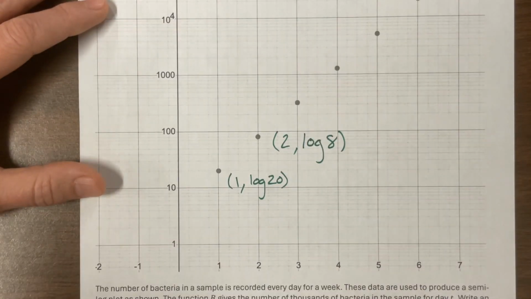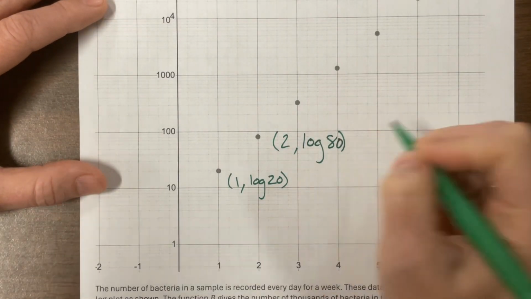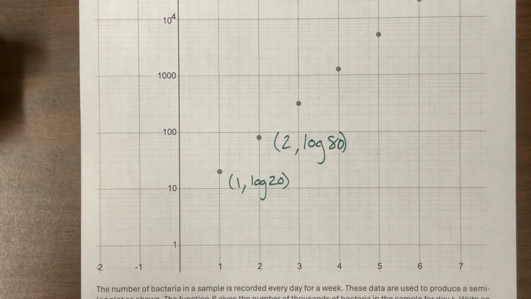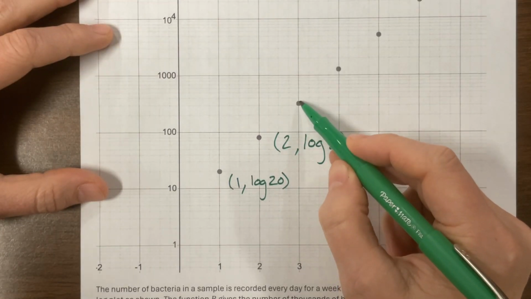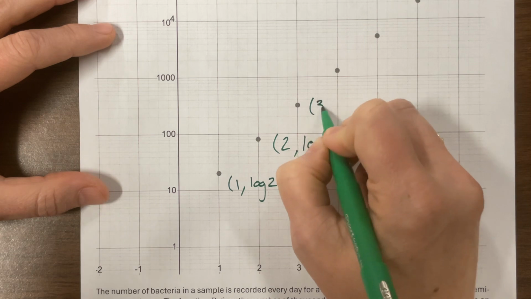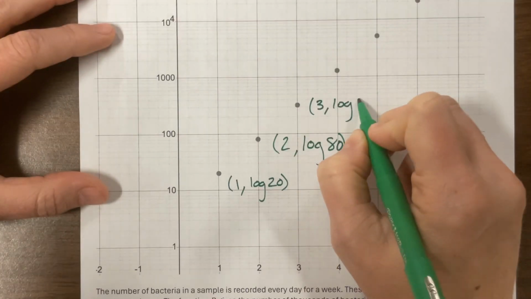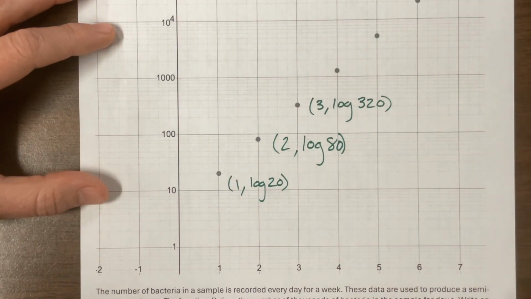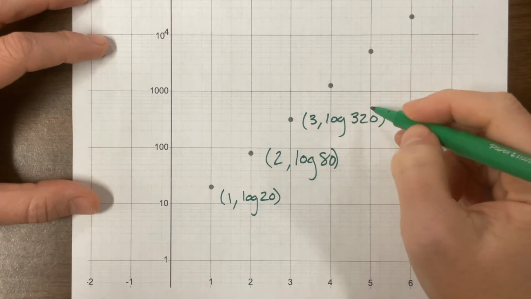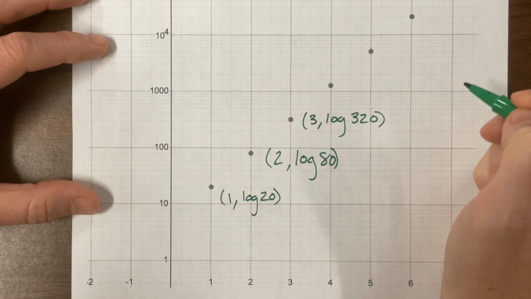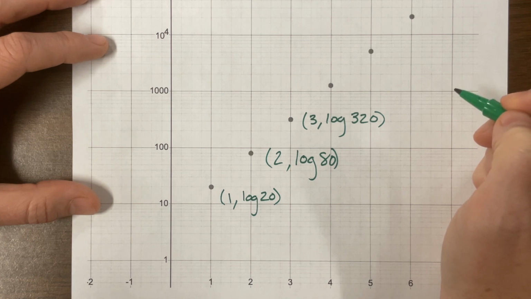I do know where I got these values. Oh, that's not an 80, that's an 80. And then I think this is 100, 200, 300, and I think this is 3 comma log of 320. Then this becomes, is that right?